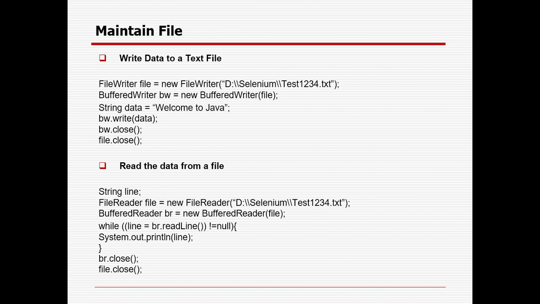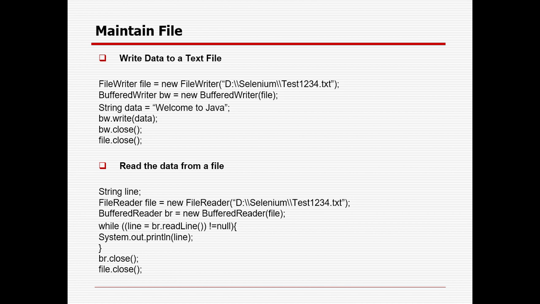Yeah. So, buffer writer, if you want to write some data, whatever is present in the file writer, it will be written with the help of the buffer writer. Similarly, file reader and buffer reader will work to read the file, and buffer writer and file writer, in both ways it will try to write the data in the file.